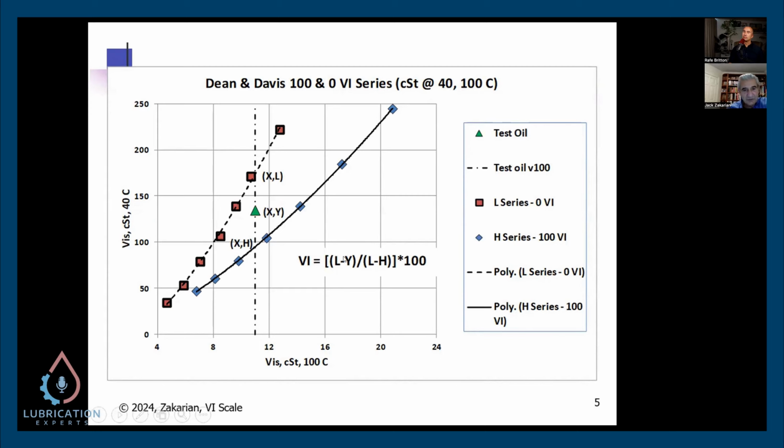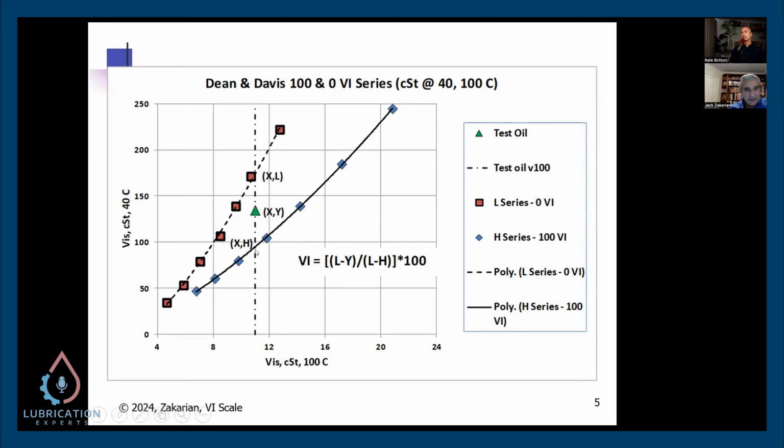And essentially you use this formula, which is just the difference from here to here divided by the difference from there to there times 100. So if this point is halfway between, the VI is 50. If the point is down here, the VI is 0. If it's here, VI is 100.